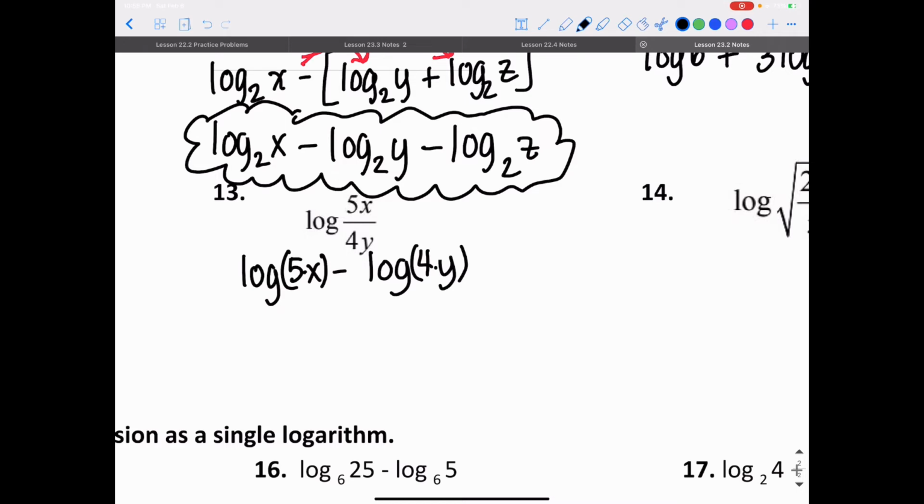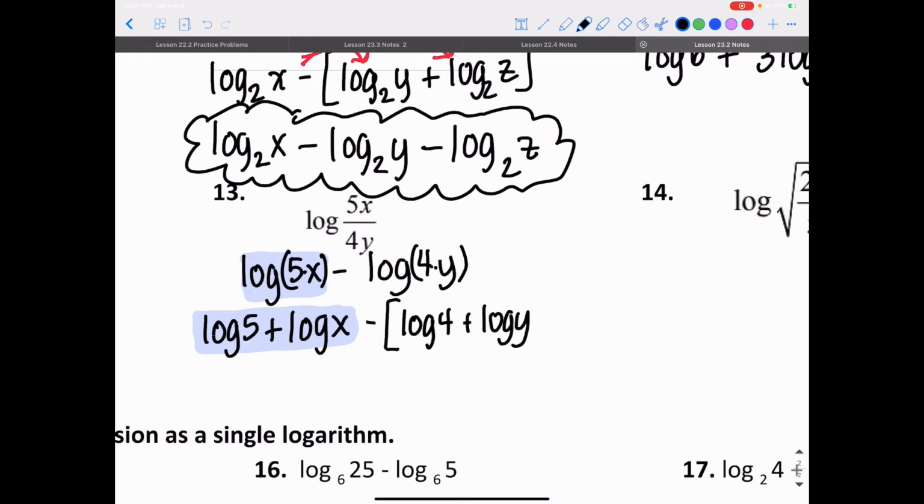This first one, log of 5x, breaks down into log of 5 plus log of x. The other one, I'm going to put this in parentheses, breaks down into log of 4 plus log of y.